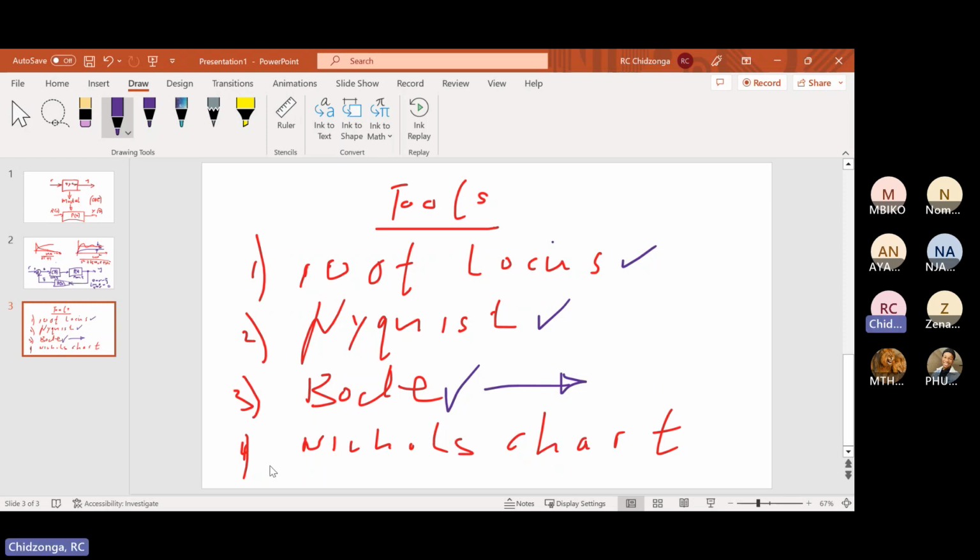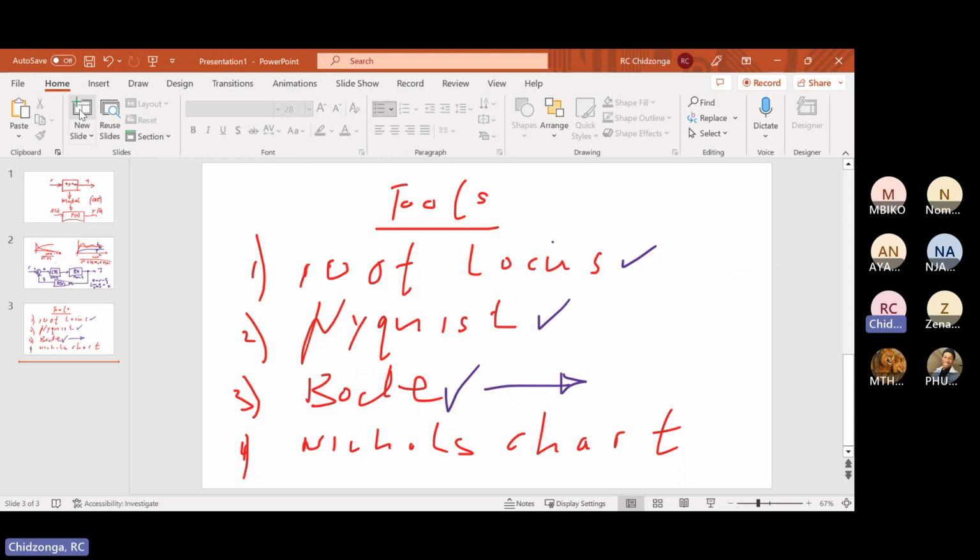And I explained why. That is not to say the first two are not used. They are used. These are tools which we spent quite a while trying to understand how to construct from the given transfer function and how to interpret them so that we will be able to use them.